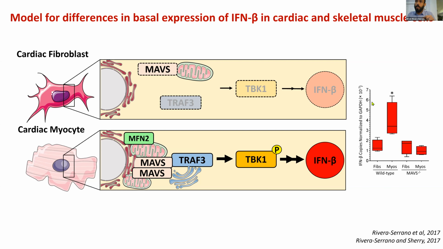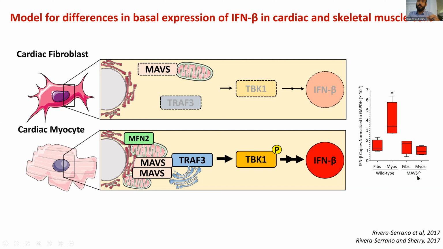And so in this plot on the right part of the graph, what we're showing is that fibroblasts produce very little interferon. Myocytes, I just told you, produce it at basal levels. There's no infection here. They're producing interferon to protect themselves in case there was an infection.